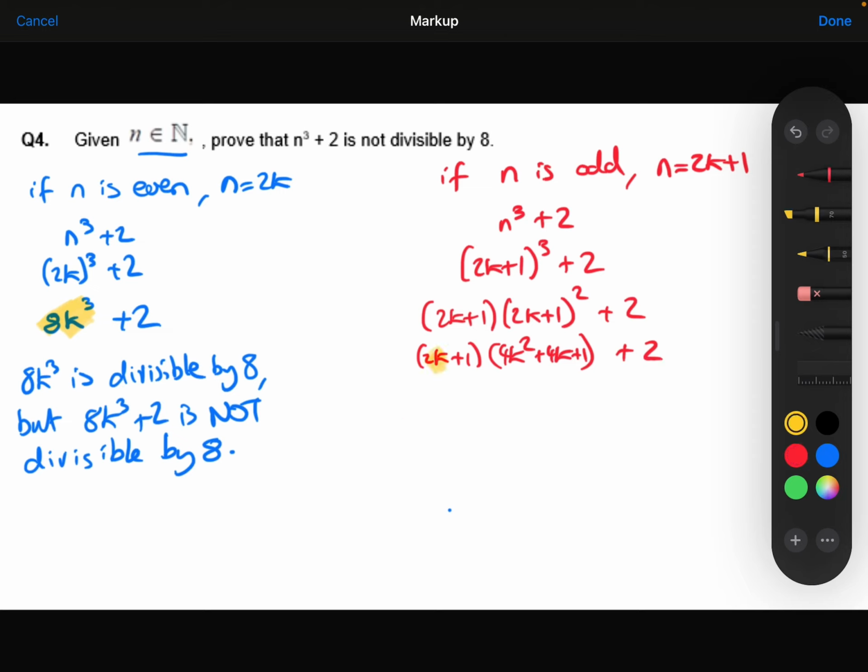We've then got the 2k times the 4k squared, which is 8k cubed. The 2k times the 4k is 8k squared. The 2k times the 1 is 2k. And now we've got 1 times all of these terms here.